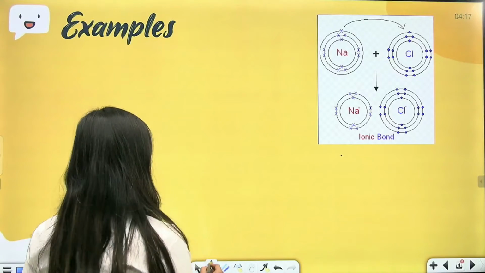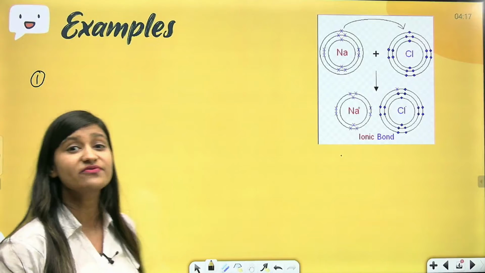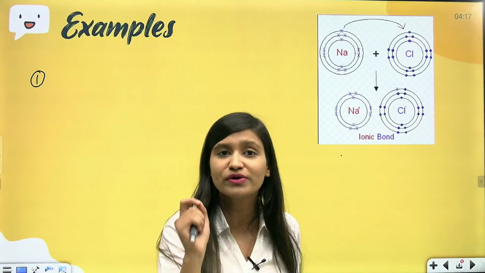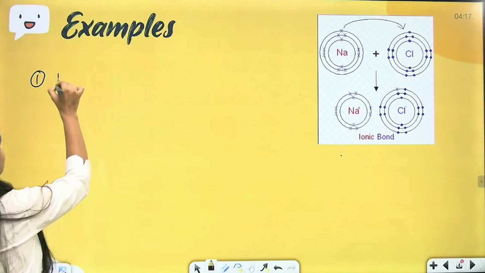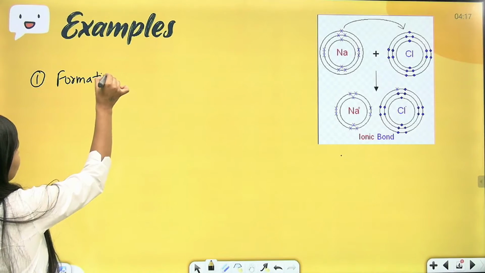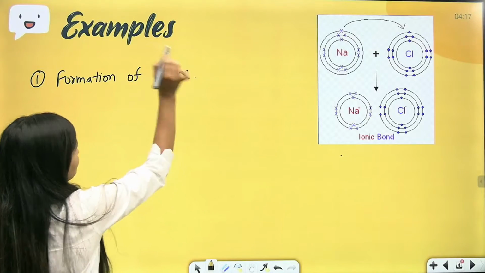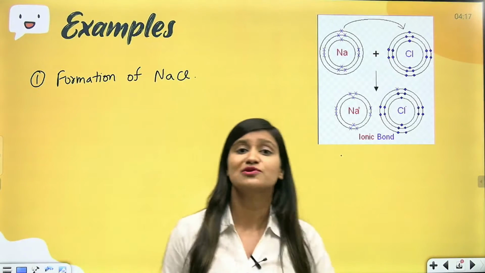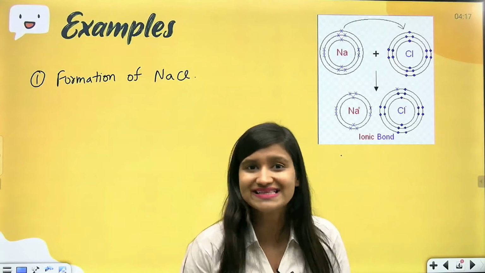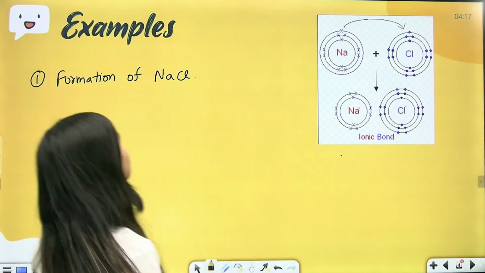Alright, so the first example we are going to discuss is the formation of sodium chloride, NaCl. Sodium, Na, what is its atomic number?